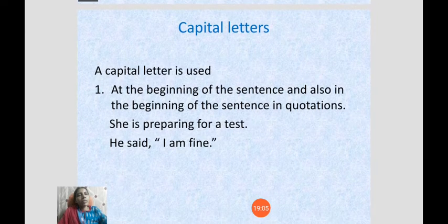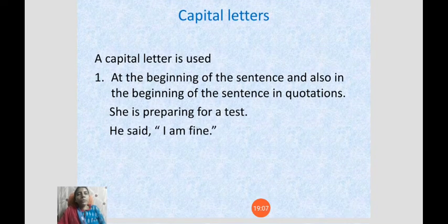Now let's look at the use of capital letters. A capital letter is used at the beginning of a sentence and also at the beginning of the sentence in quotations. The first is, she is preparing for a test.